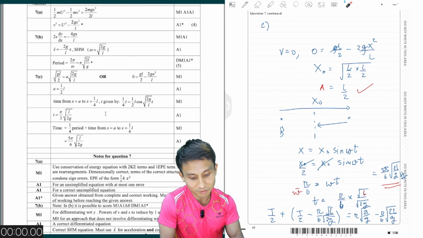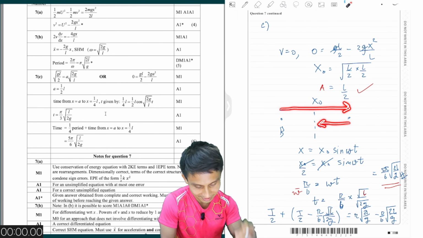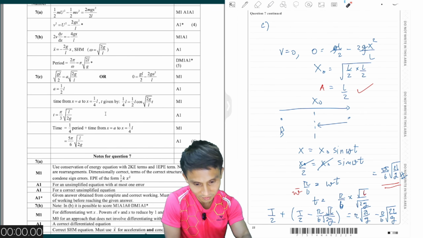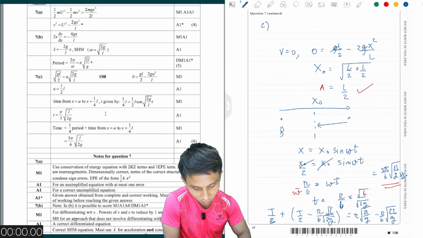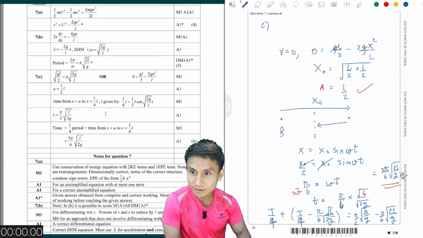Oh, this is not half a period, this is a quarter of a period, isn't it? So it should have been a quarter and a quarter here, so that should be half the period, right?